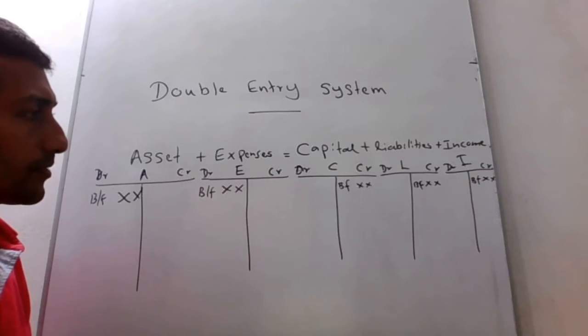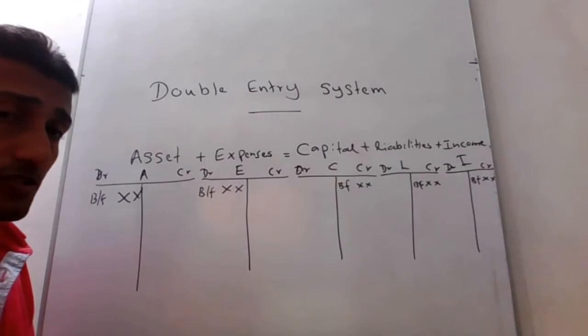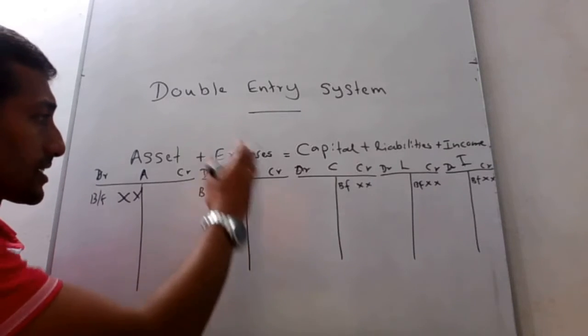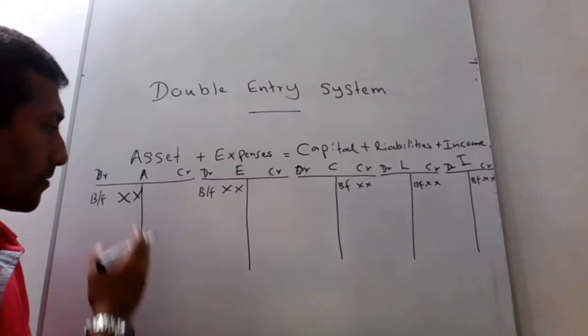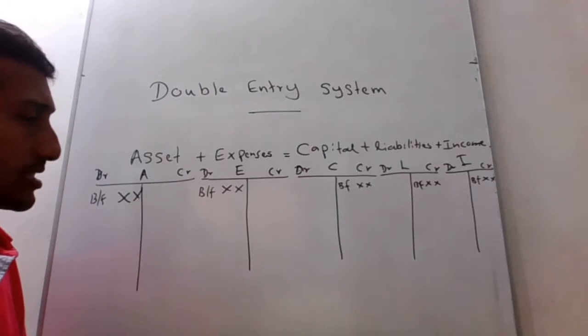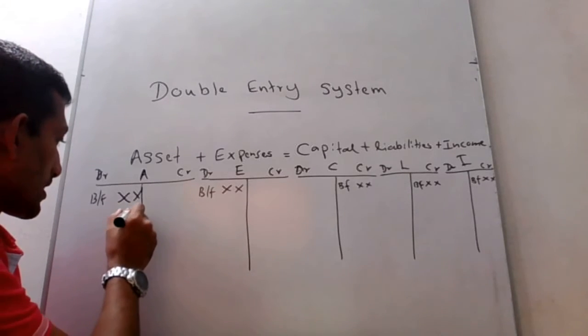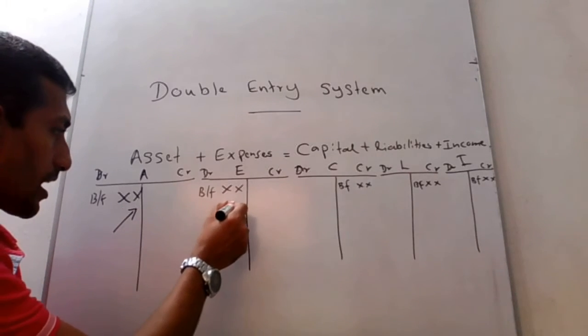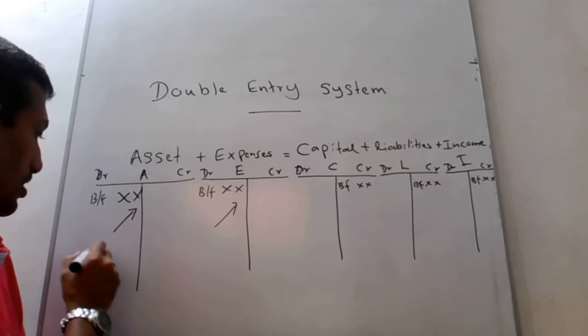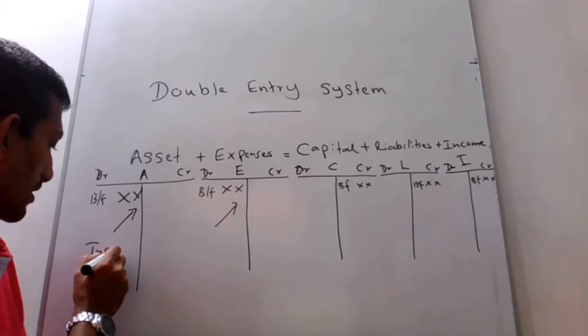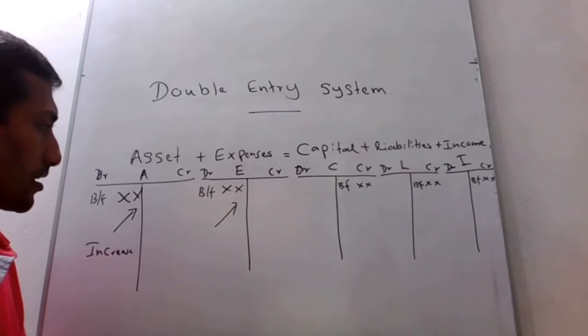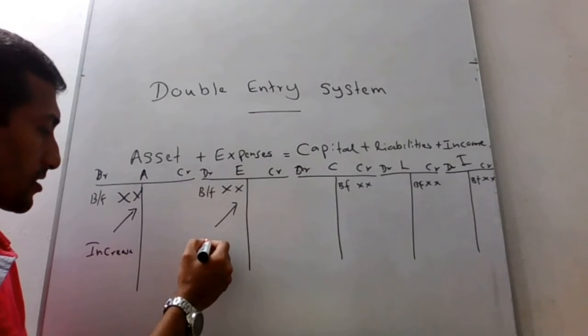Therefore, the first rule: if I want to increase an asset or an expense, because my balances are on the debit side, I need to debit.